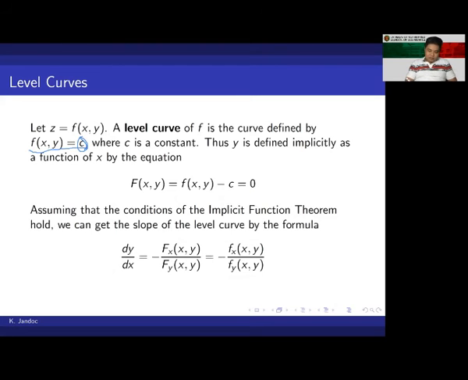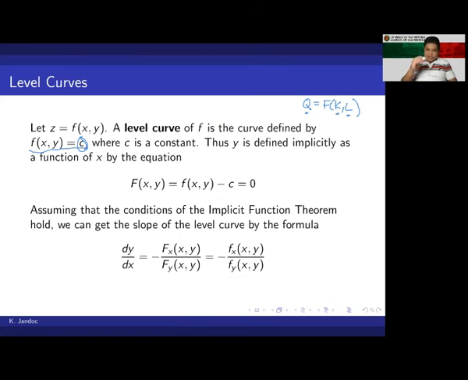For example, if you have a production function, q equals f(K, L), output is a function of inputs K and L, capital and labor.